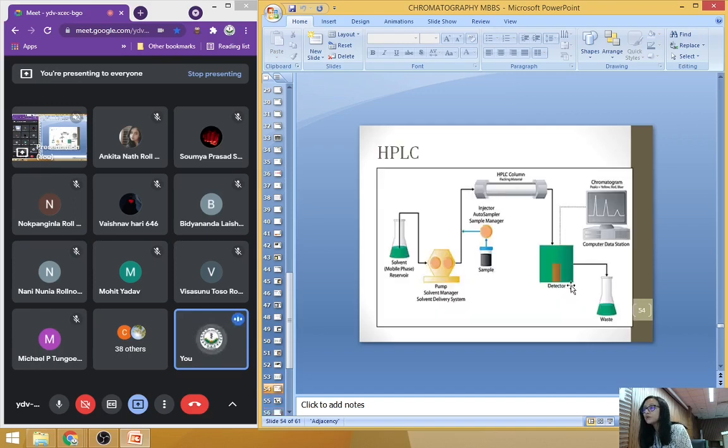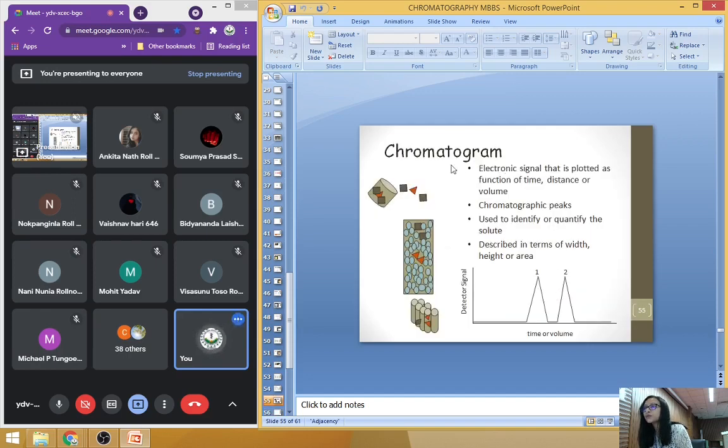This will help us to perform this technique very fast. Before going further, let me talk about the chromatogram. What is a chromatogram? It is just a signal, a visual output, like an ECG. You put some leads on your chest, and the output you get is a graph. It is very similar to that. The x-axis is the retention time, whereas the y-axis is the signal or the concentration, and these are the chromatographic peaks.